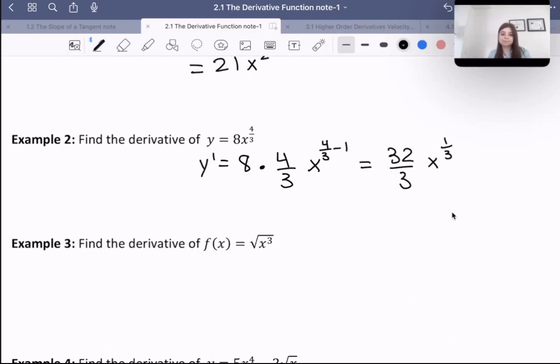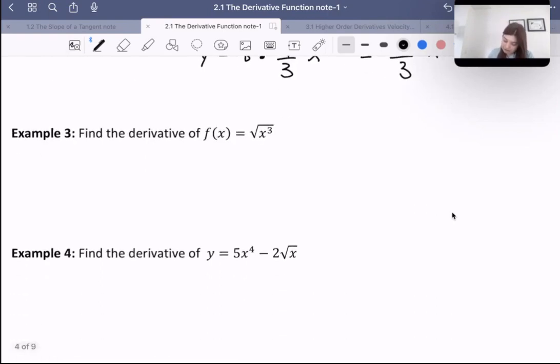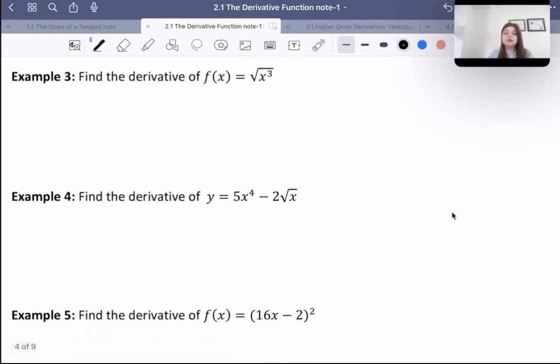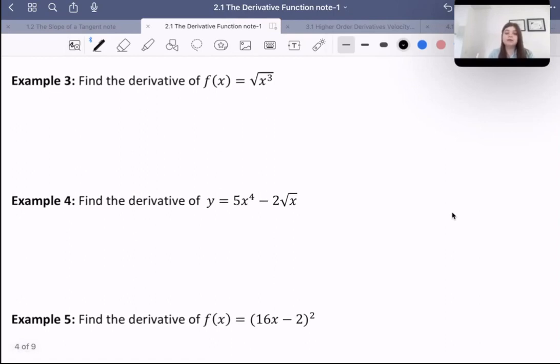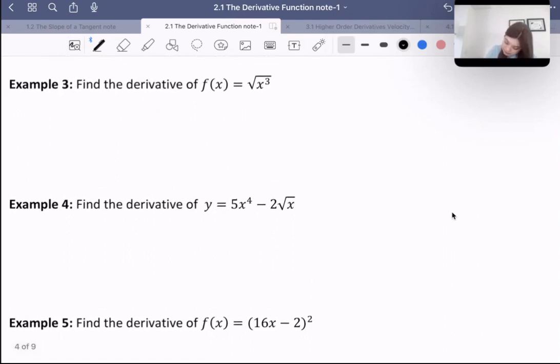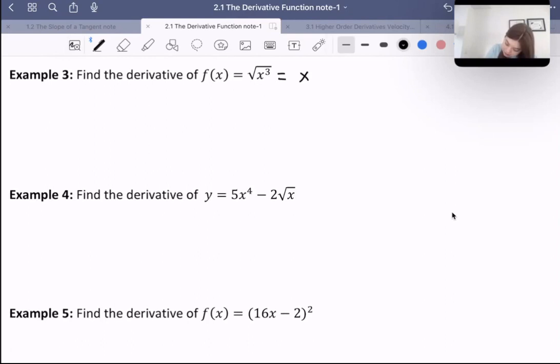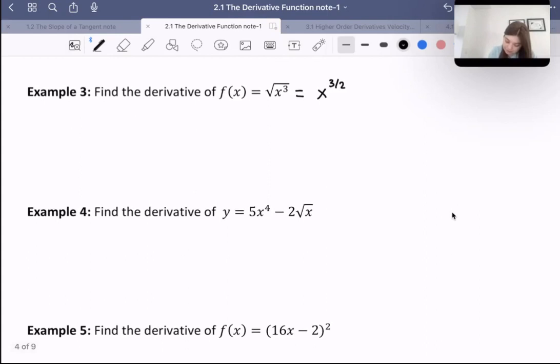Good. All right, now this next one is a little bit trickier. How do we deal with square roots? Well, keep in mind that we can rewrite this. This is the same thing as x to the 3 over 2, right? Because we recall from probably grade 10 or 11, depending when you learned this, recall that the root is really just the same thing as the denominator of the power, right?